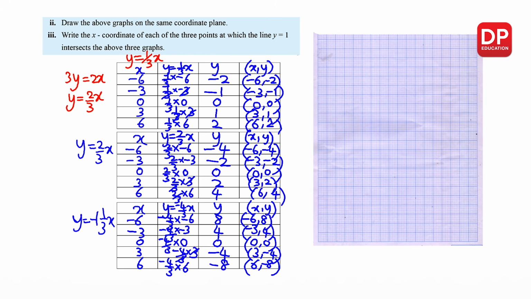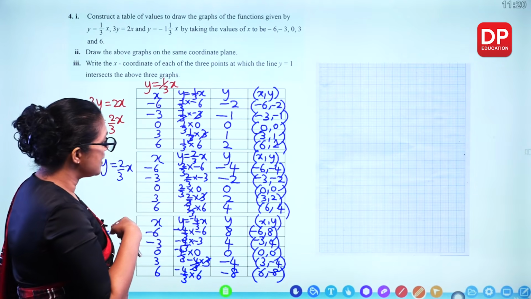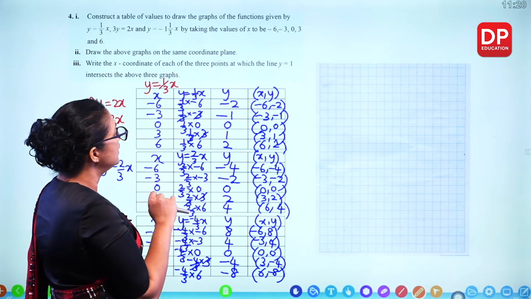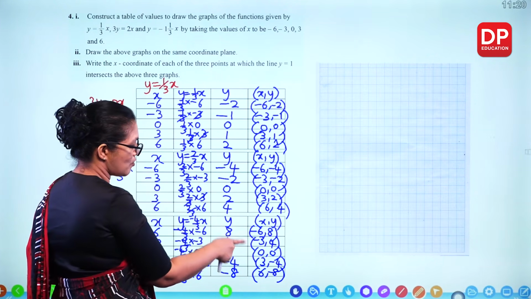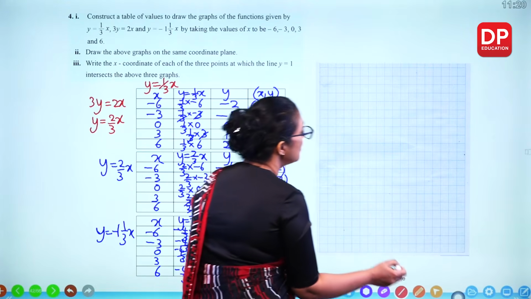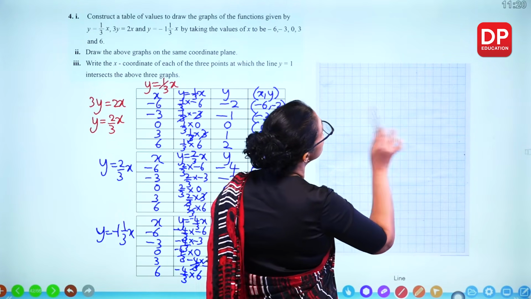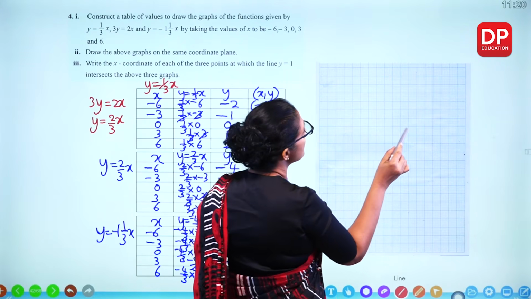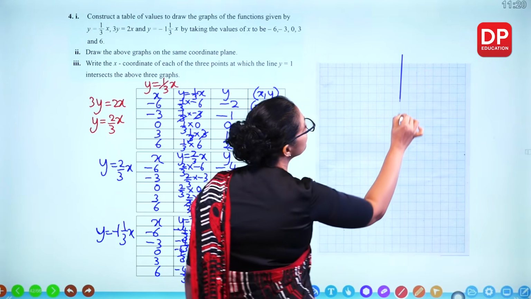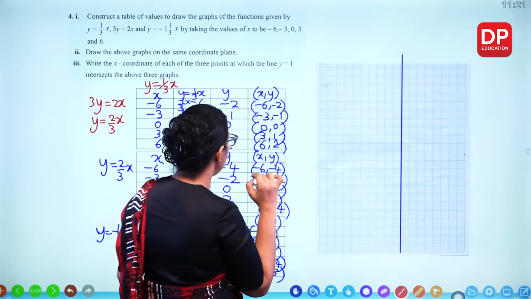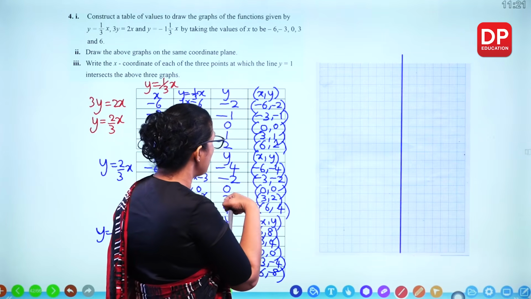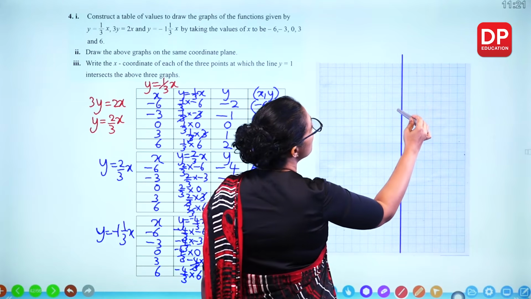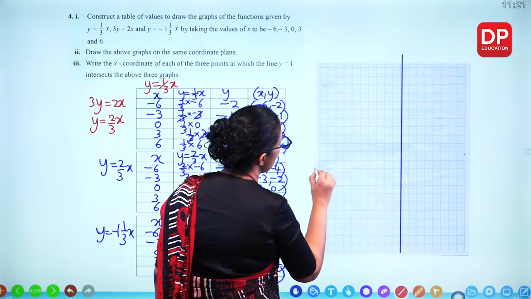Now we can decide the scale. Negative up to minus 8, that's the y value, positive 8. And x minus 6 to 6. So we'll first draw the axes. You need to divide equally here for x, minus 6 to plus 6, and y values minus 8 and plus 8, also equally divided.